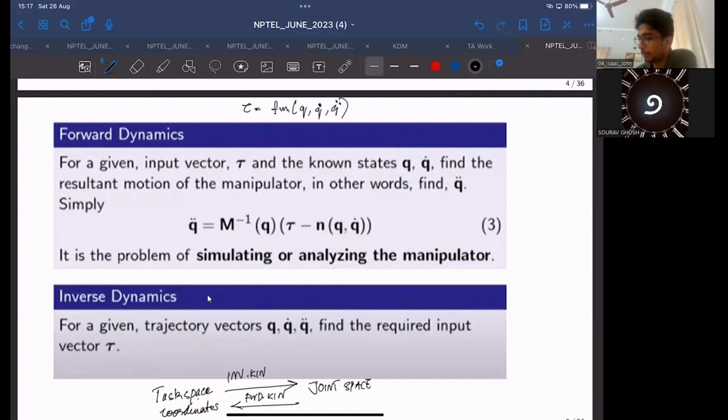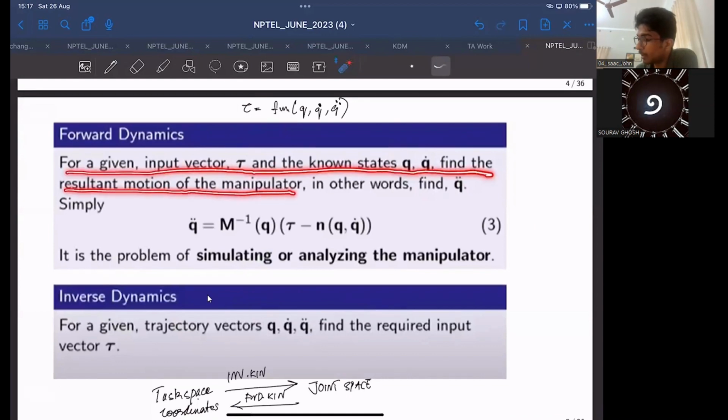It's basically a mapping between the forces of the robotic system and the trajectory. So what forward dynamics says is that for a given input vector tau and the known states q and q dot, find the resultant motion of the manipulator, or in other words, find q double dot.